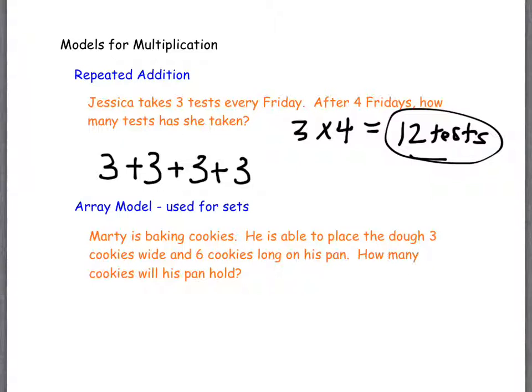For example, Marty is baking cookies. He's able to place the dough 3 cookies wide and 6 cookies long on his pan. How many cookies will his pan hold? If you were drawing a picture of what's happening here, which is a good idea, especially when you first start looking at this, you would have 3 cookies wide, and you should have it 6 cookies long.